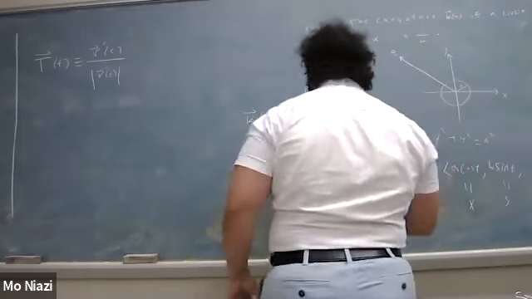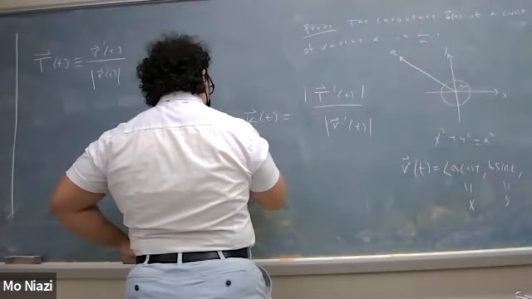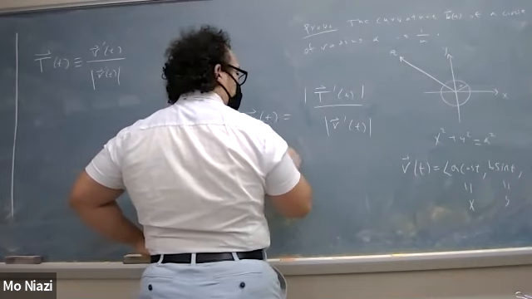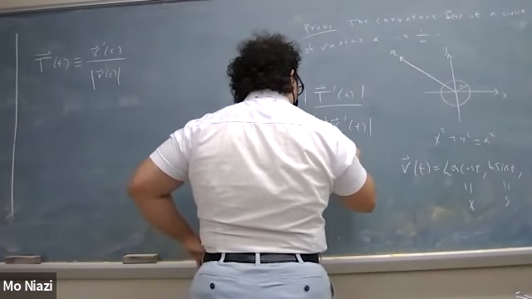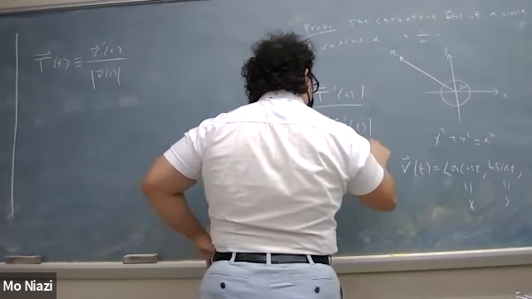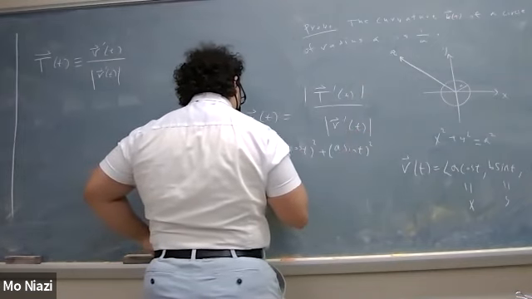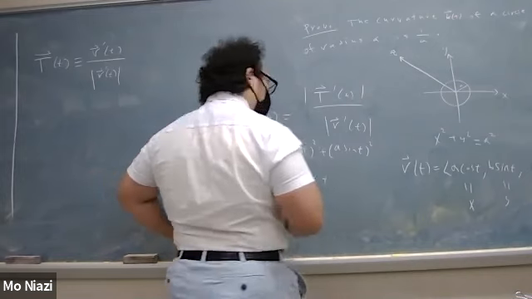I'll show you why that rederives this. Notice that x squared plus y squared, based off of that, implies that you have a cosine t squared plus a sine t squared. This is equal to a squared cosine squared t plus a squared sine squared t.